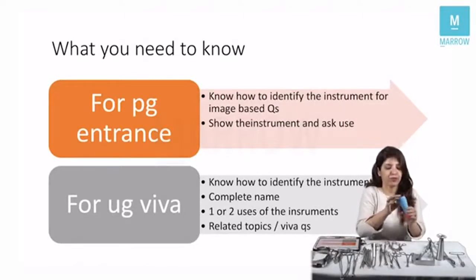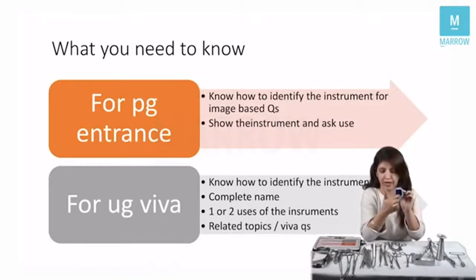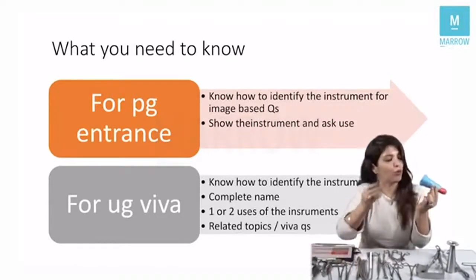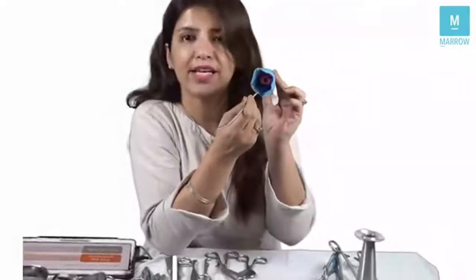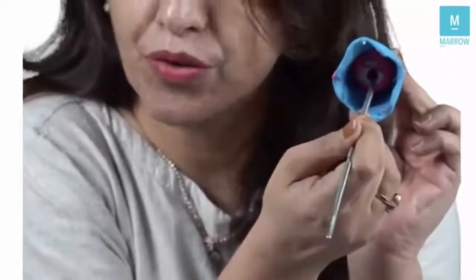Now, the part of the cervix which is inside the vagina, which I have made with pink color, right? That is the exocervix. And that is also called the portio vaginalis, and it is lined by the stratified squamous epithelium, right? Now this opening over here, this is the opening of the external os, right?